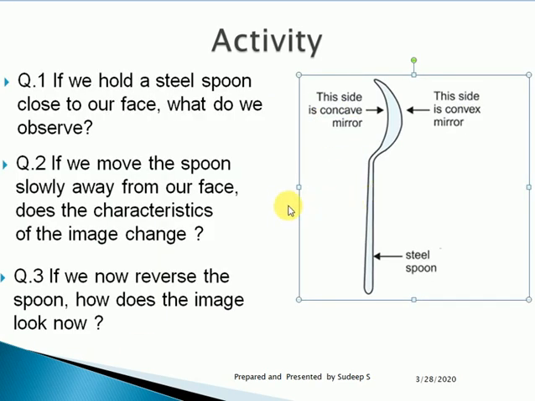While doing this activity, I want all of you to answer these three questions. The first two questions are for the concave surface and the last question is for convex surface.